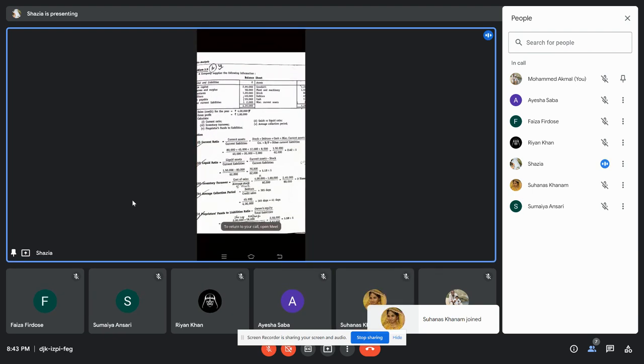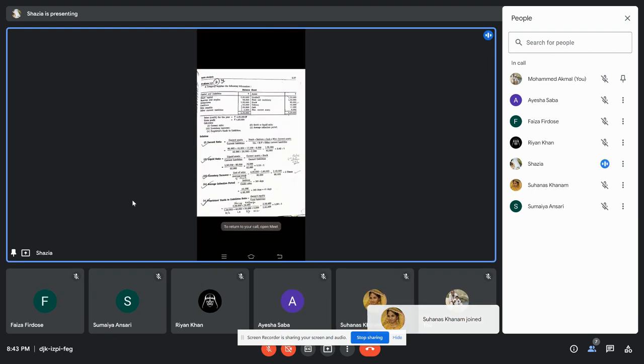Then we have to calculate this one. Kindly make sure that you write down this one. How do you calculate the liquid assets or quick assets? That's nothing but current assets minus the stock. Otherwise liquid assets can also be called current assets, but then they have subtracted the stock from that.